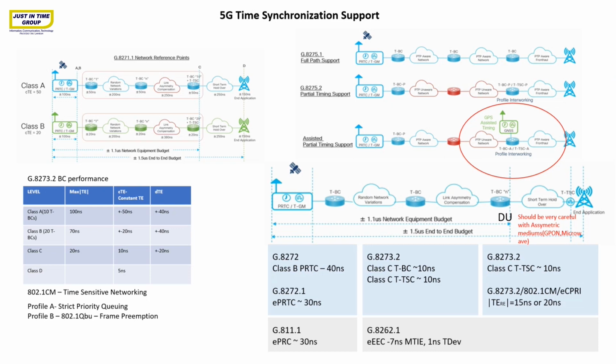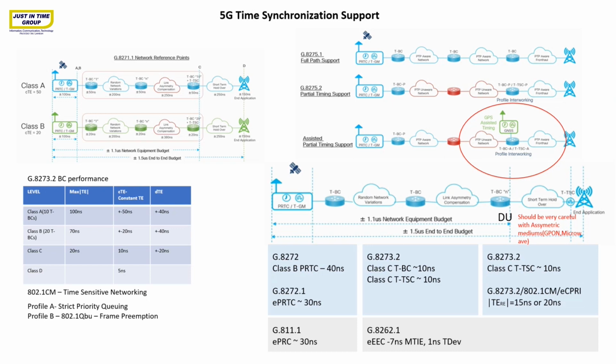So if you are choosing a certain vendor to distribute more accurate time towards the edge of the network, then you're going to need equipment supporting higher classes of the different specifications defined by ITU-T.